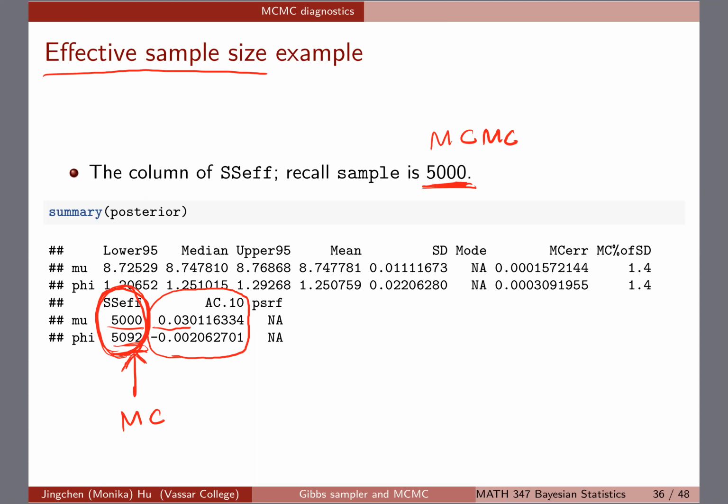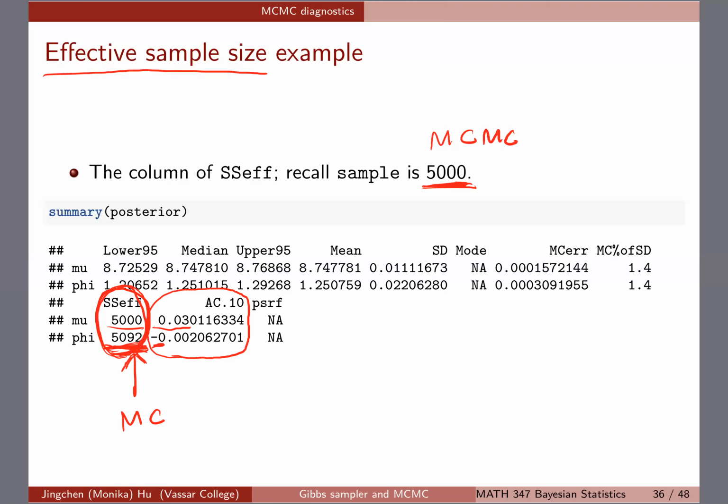And you might be wondering, why do we get even greater than 5,000? I think it just depends on how the effective sample size is being computed. Specifically, whenever you have a negative autocorrelation, it is going to count towards even more independent draws. It's just how it is being computed. So don't worry too much about it, but I just want to show you that JAX might not be doing the most perfect things out there as well.